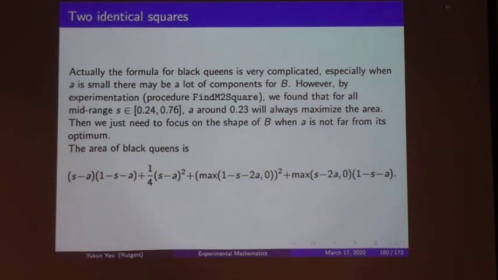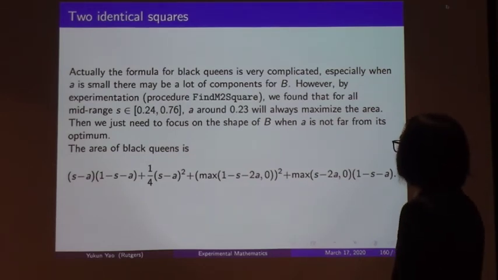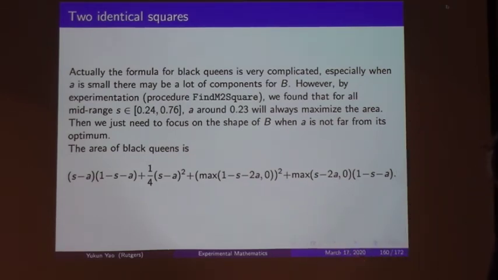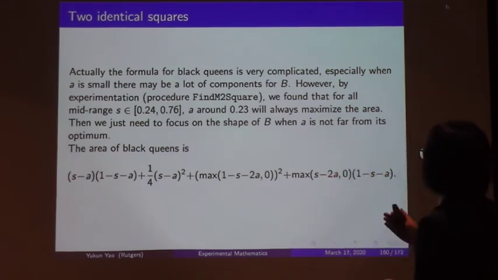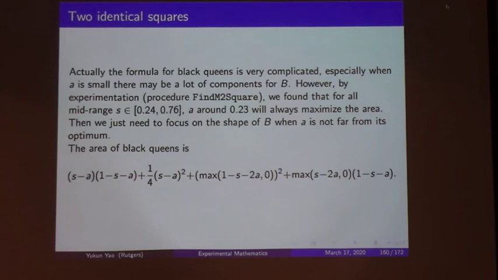But the formula for black queens is very complicated, especially when A is very small. There may be a lot of components for black queens. But here is why experimental mathematics is important, because from experimentation, we found that for some mid-range S, A around 0.23 will always maximize the area.